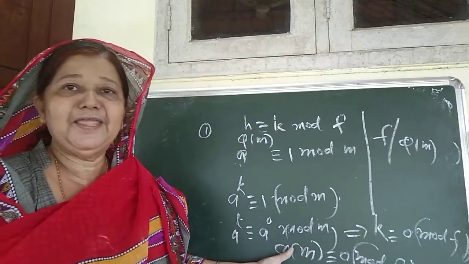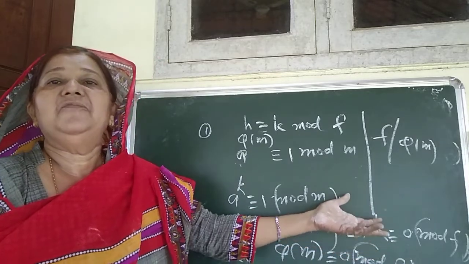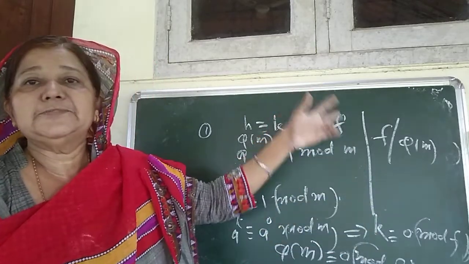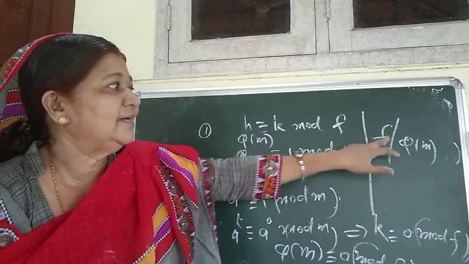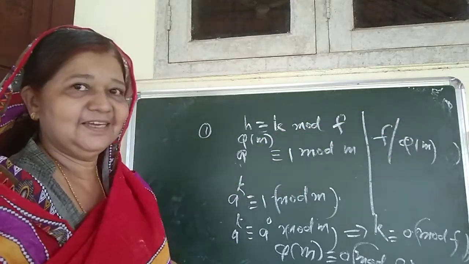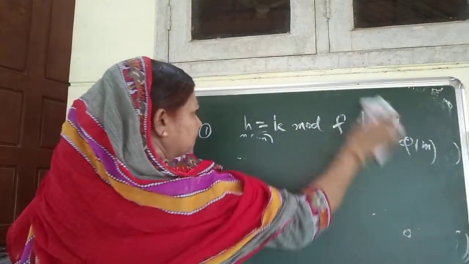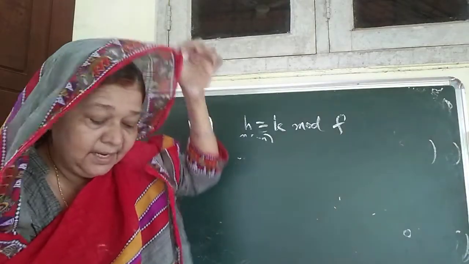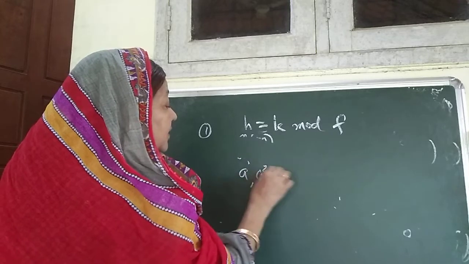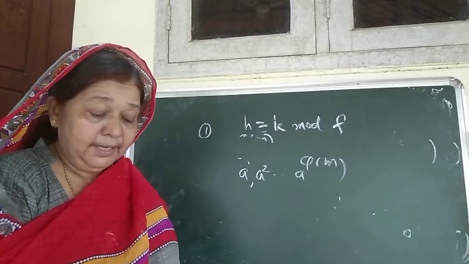F divides phi m. We see also for m equal to 7, phi of 7 equal to 6, and all these exponents 2, 3, etc. divide phi m. 2 divides 6, 3 divides 6, etc. Then we have another important theorem, that is the property that a, a square, etc., a raised to phi m form are incongruent.